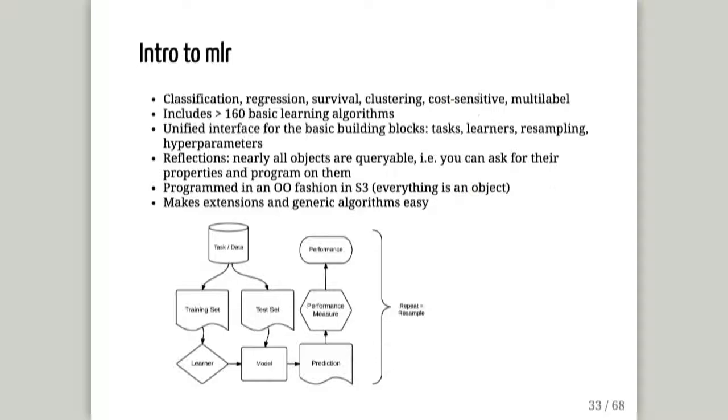And this is because the underlying object structure is so generic and the same. And I don't think that Caret will do that very soon, or I don't know. You would have to ask Max about that.